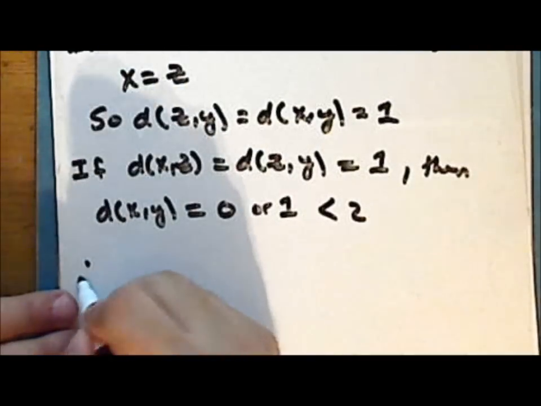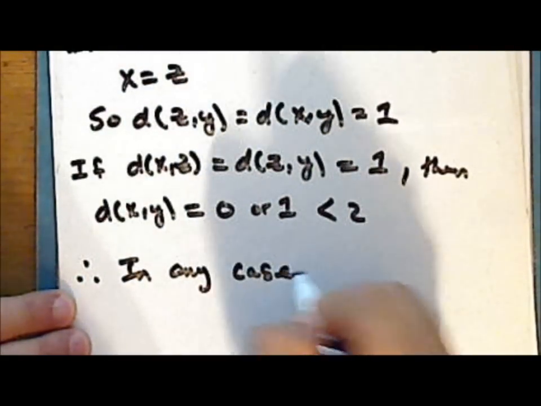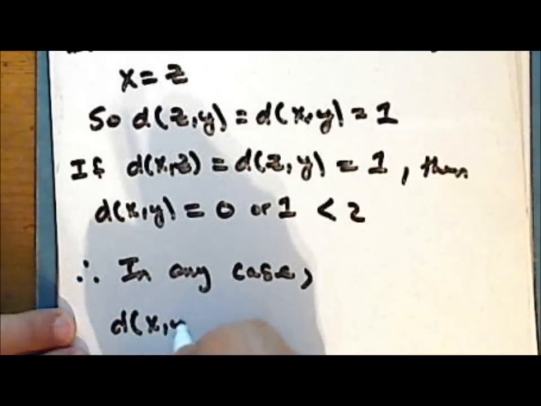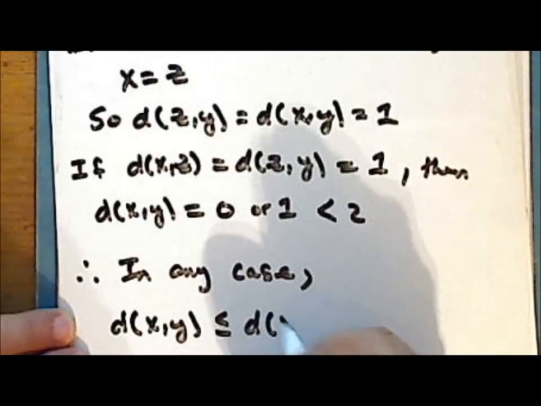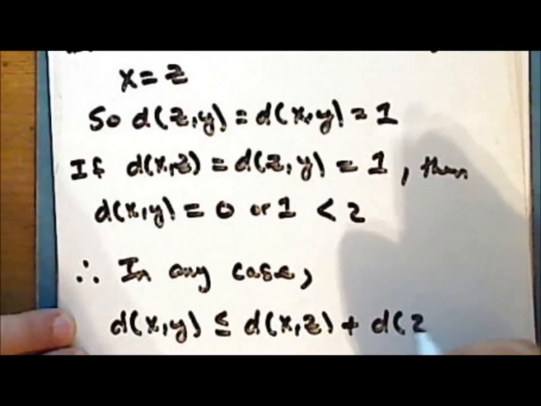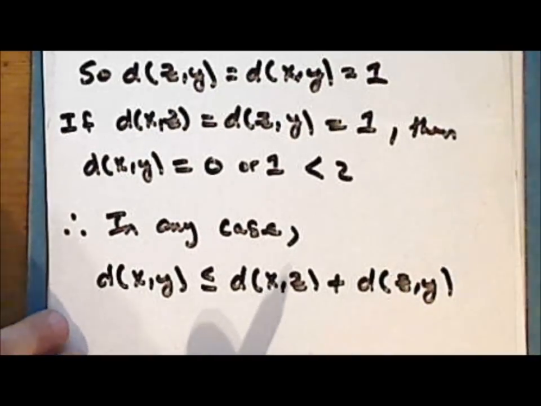And so in any case, we have that the distance from x to y is less than or equal to the sum of the distance from x to z with the distance from z to y. So the triangle inequality does indeed hold.